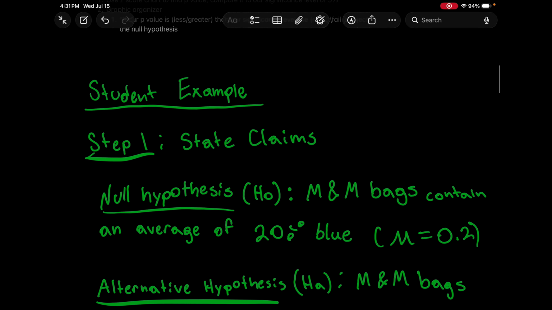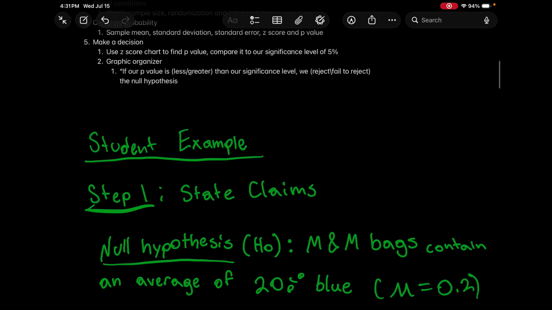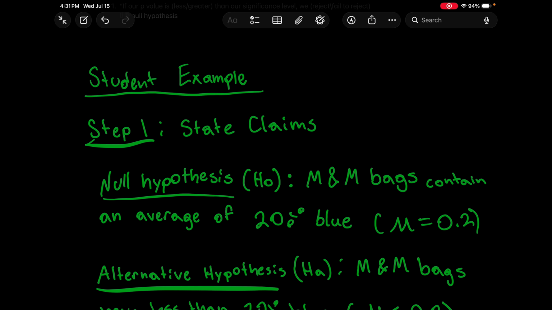Step 1 is to state our claims. So we remember, what's our null hypothesis? That's the hypothesis the company has given, the thing that we want to test. So Mars Inc. said that M&M bags contain an average of 20% blue. So our null hypothesis is that 20% of the M&Ms are blue.